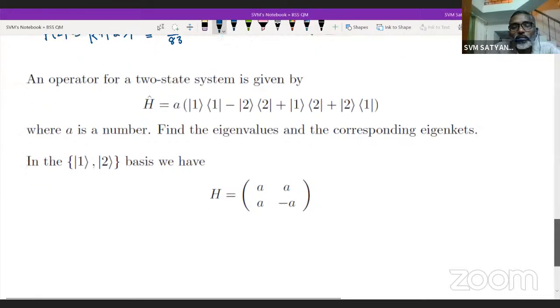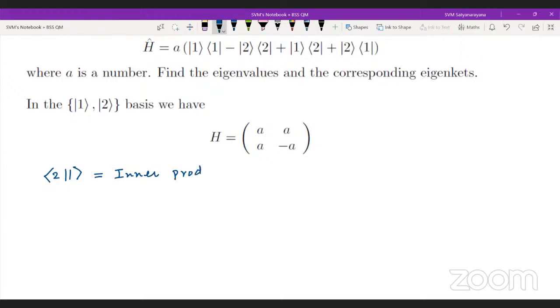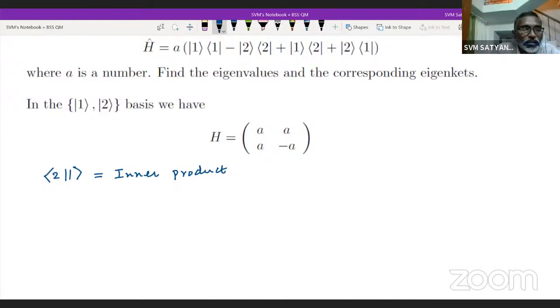So when we say that we have a state |1>, and then you can talk about another state |2>, what do we call <1|2>? We call this the inner product, right? What is an inner product? You have two vectors, then you get a scalar, a complex number.